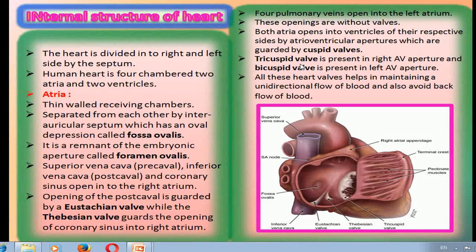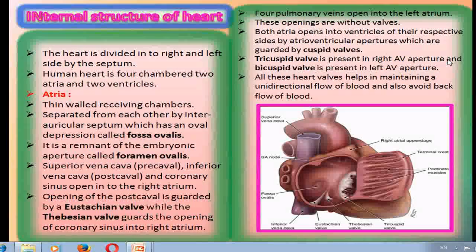The tricuspid valve is located between the right atrium and the right ventricle. It is present in the right atrioventricular aperture, and it helps keep blood flowing in the right direction through the heart.